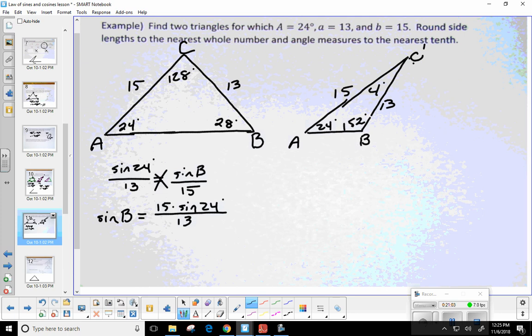Everything else we have. So I need a proportion that would help me find side C. You could use B if you want, because now we have another pair, right? Okay, so what would that be? Sine of what? 28 over 15 equals.